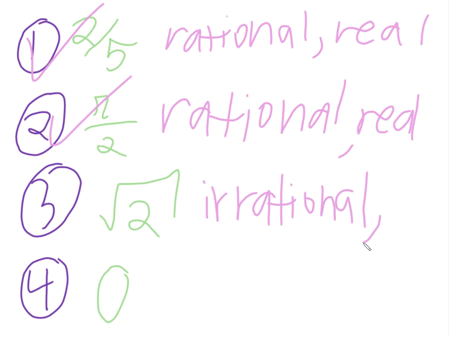And that makes it real as well, because it's the bigger umbrella. And the square root of 2 is not a whole number, which makes it not a natural number either.